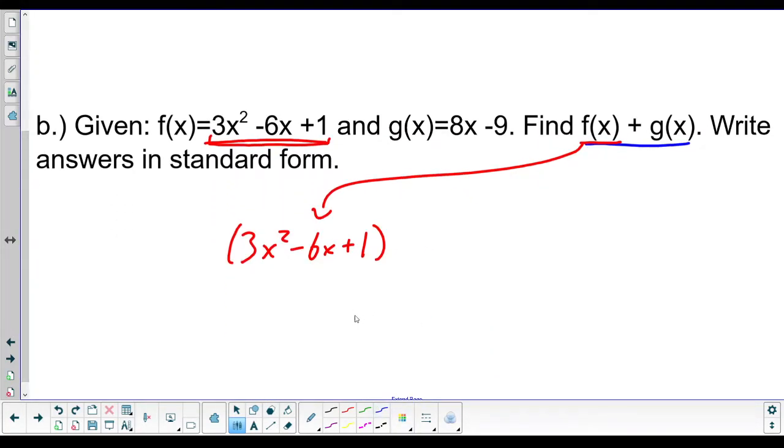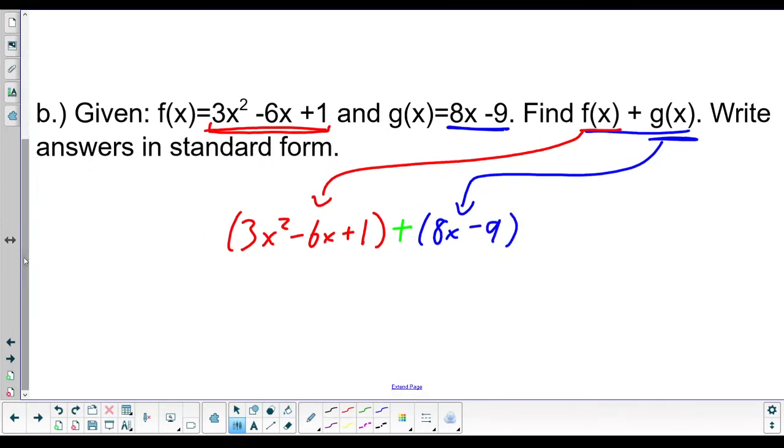Then we are adding, so I'm going to bring down my plus sign, put it in the middle. Then just like we did for f of x, we're going to take what g of x is equal to, and we're going to replace g of x here with the expression that it's equal to. So 8x minus 9. All right.